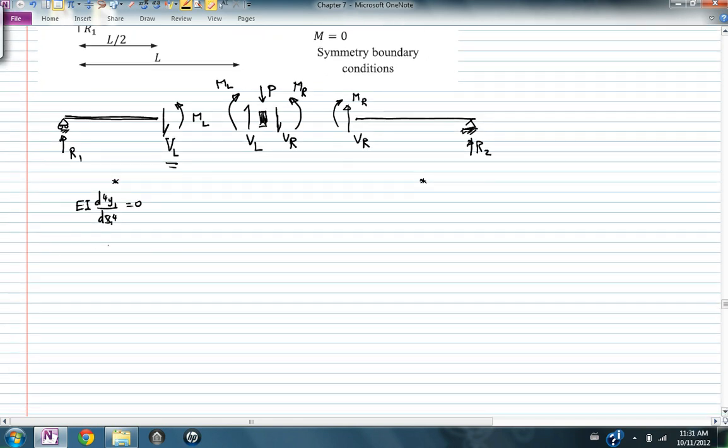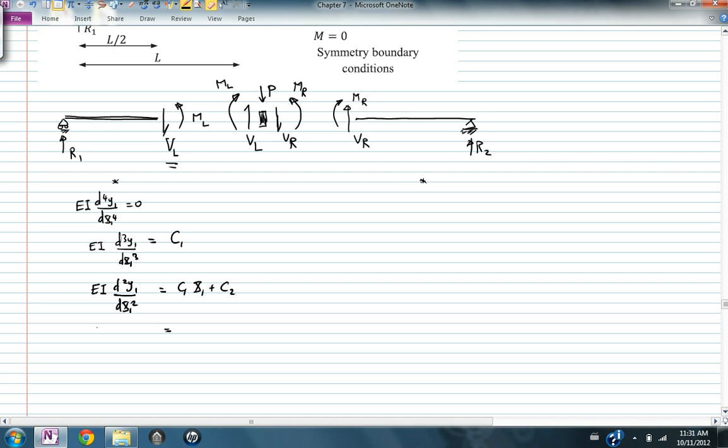And so EI d3 y1 by dx1 cubed is equal to C1 x1 plus C2, and so on.